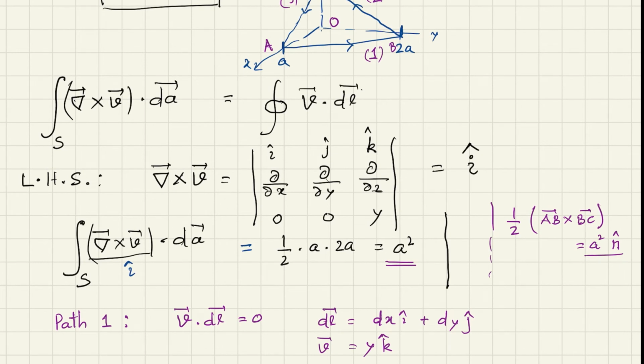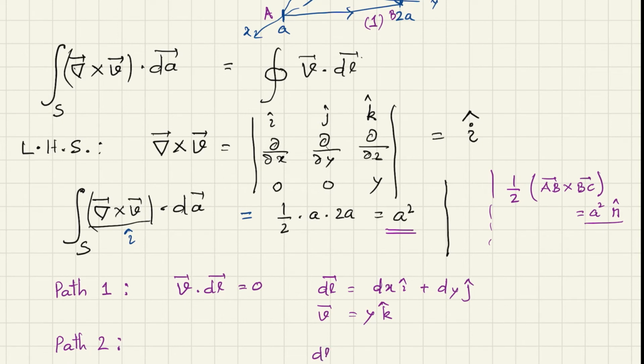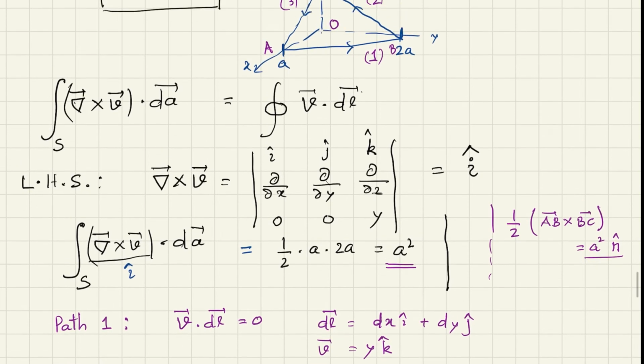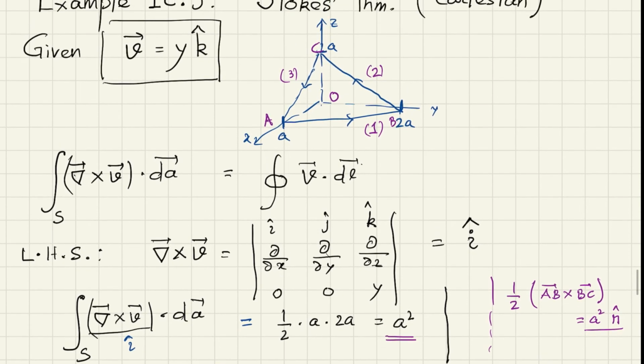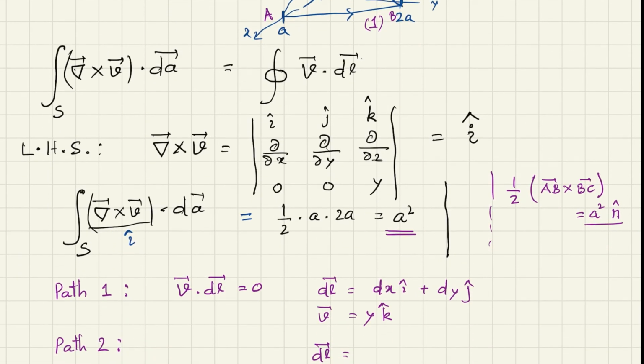Now let's go to the next path, path 2. There dl is in the yz plane, as you can see. So this is dy j plus dz k, but with a condition.